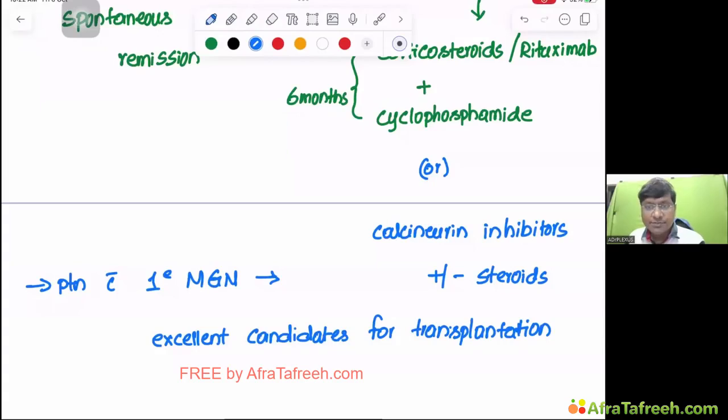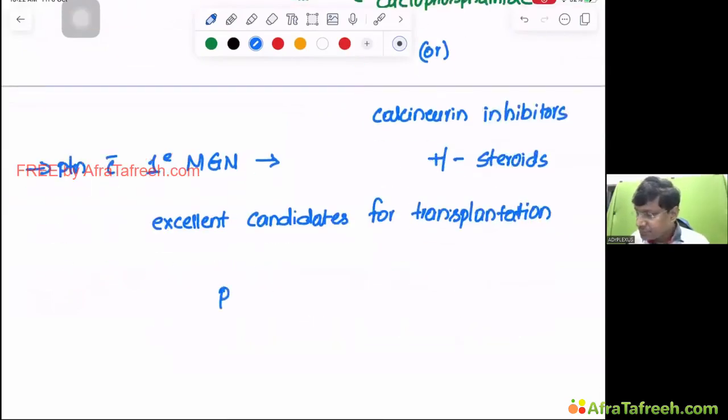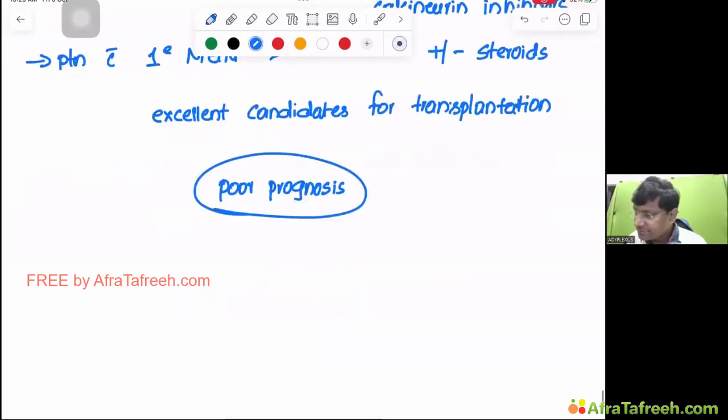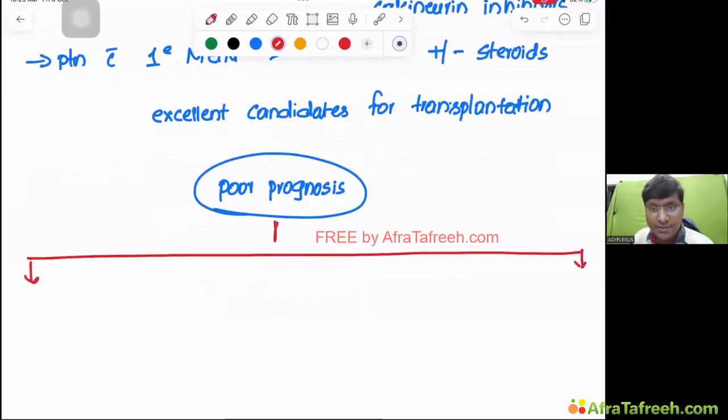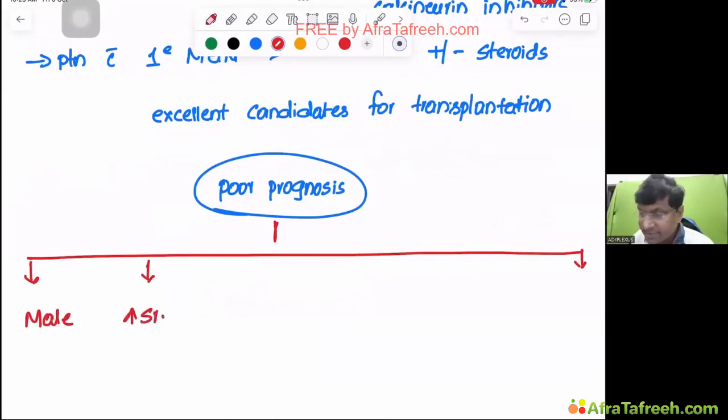Okay, and there are some patients in whom the prognosis may not be good. Now, who are those group of individuals where there can be poor outcome? Poor prognosis is seen in the following group of patients. That includes number one, male gender. Next, elevated serum creatinine.